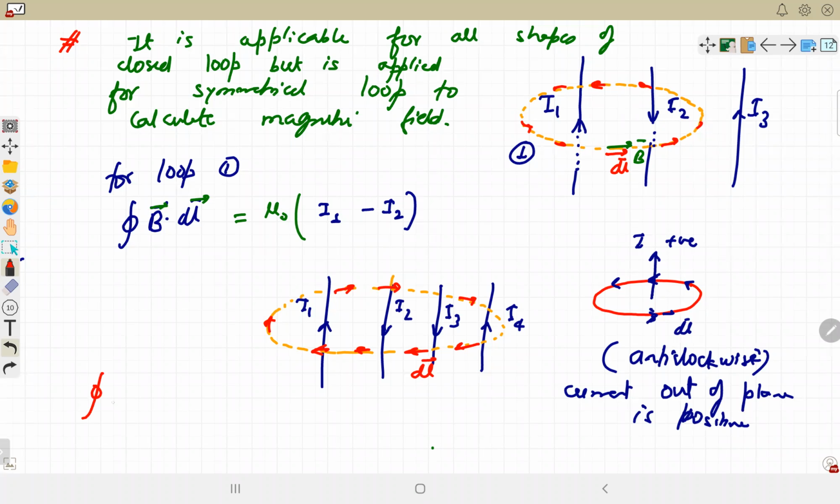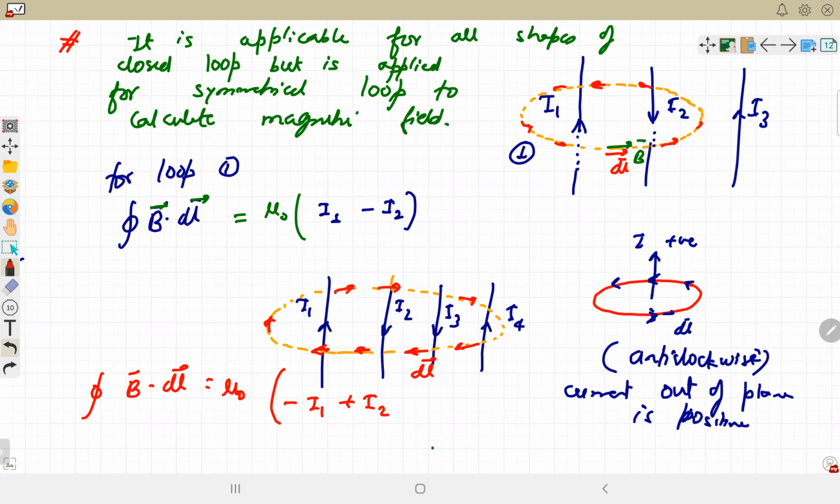In this case, integration of b dot dl is mu naught times. So now I1 is coming upwards, which is opposite to our sign convention. So I1 will be taken with a negative sign, minus I1.